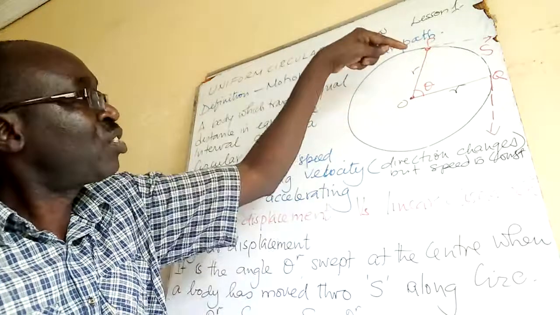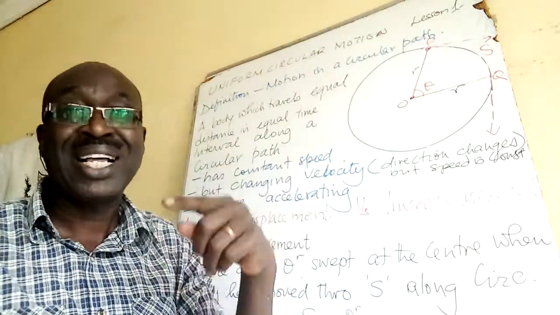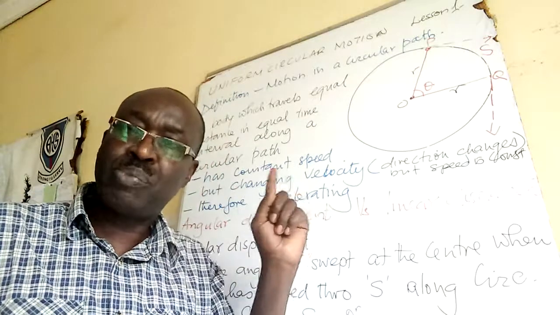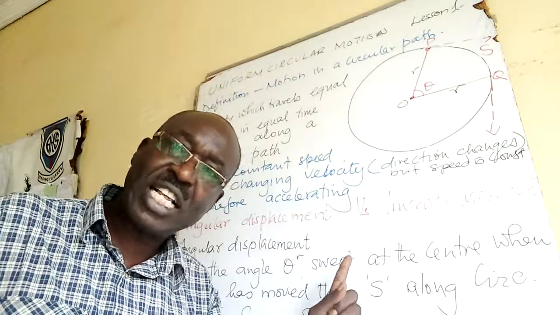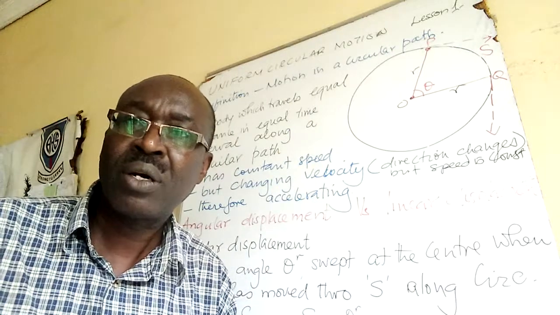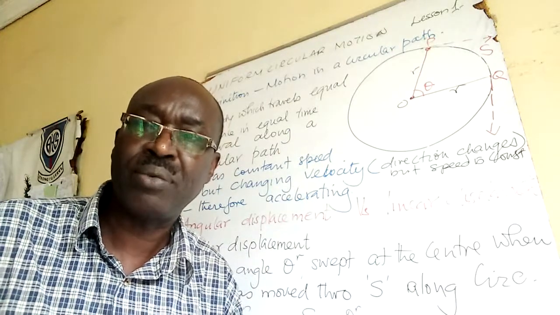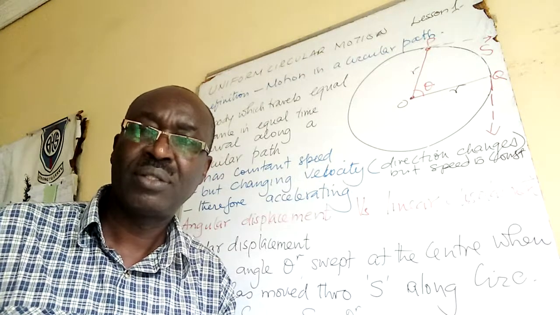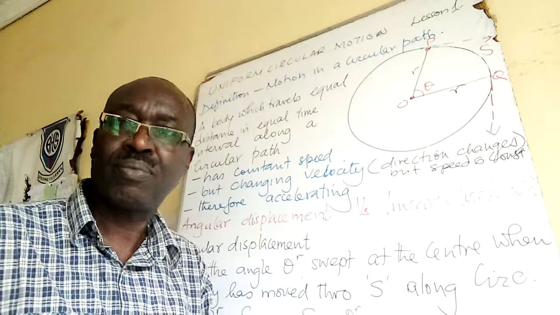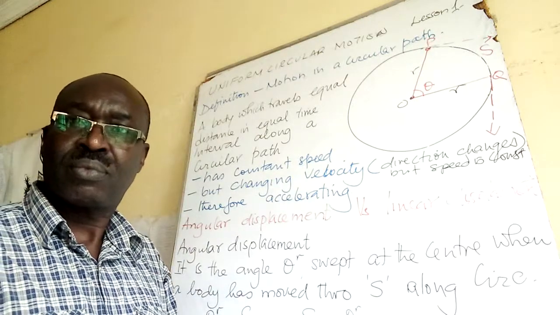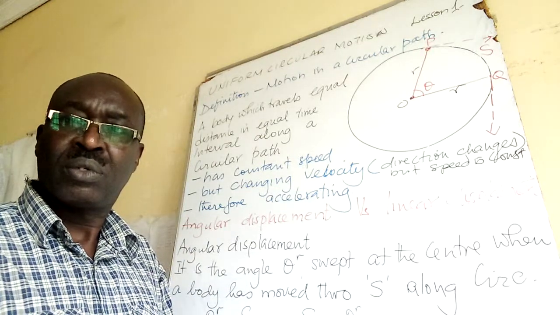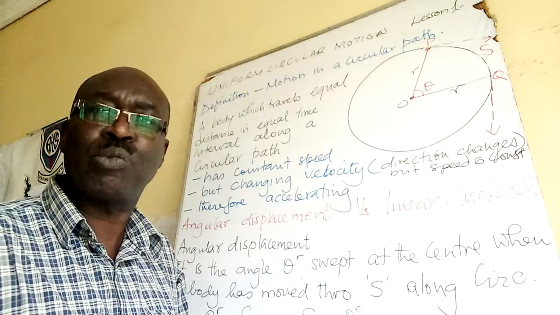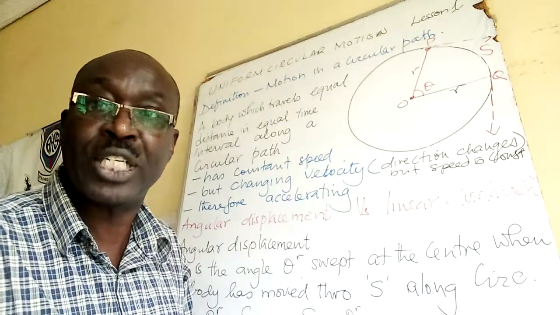If I draw a straight line from P to Q, that would be displacement. If this body moves along the circumference back to P, what will be displacement? Right, 0. Okay? So linear displacement is dictated by a straight line from starting point to the end point.